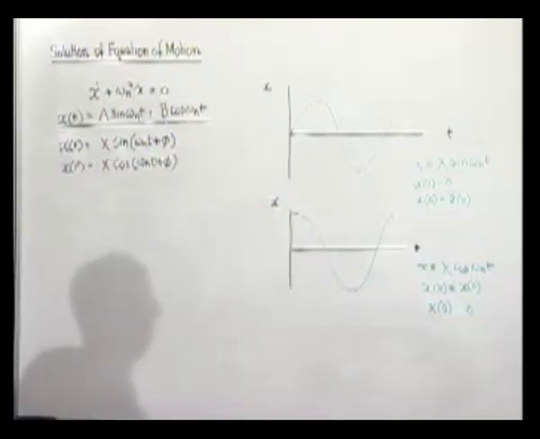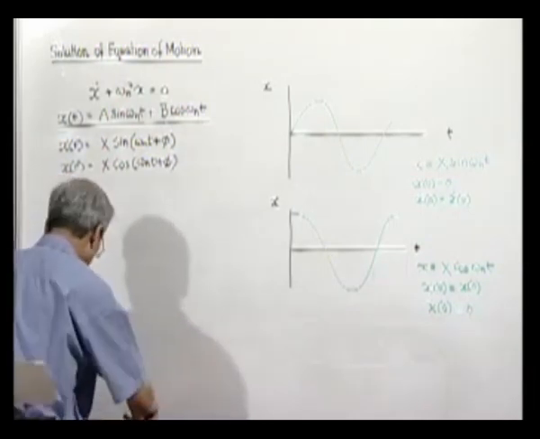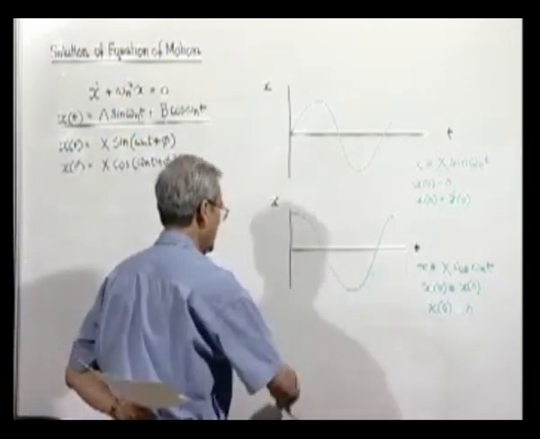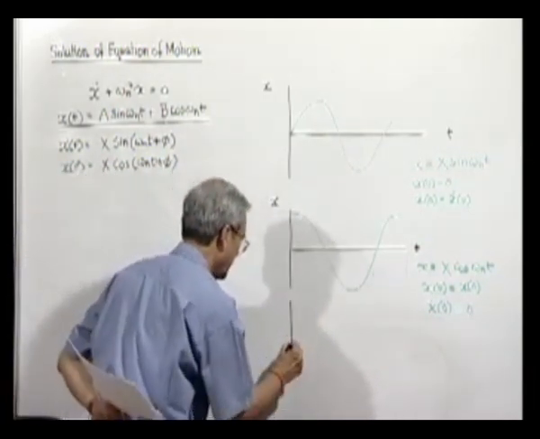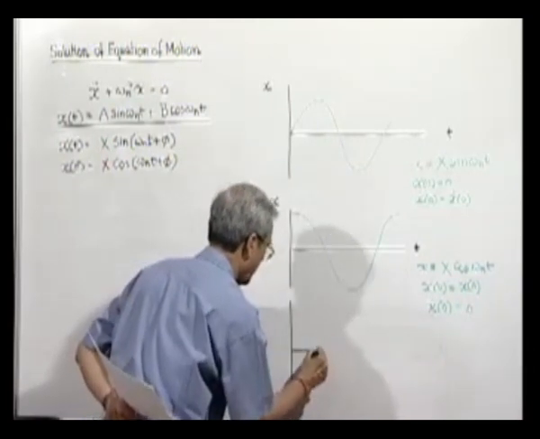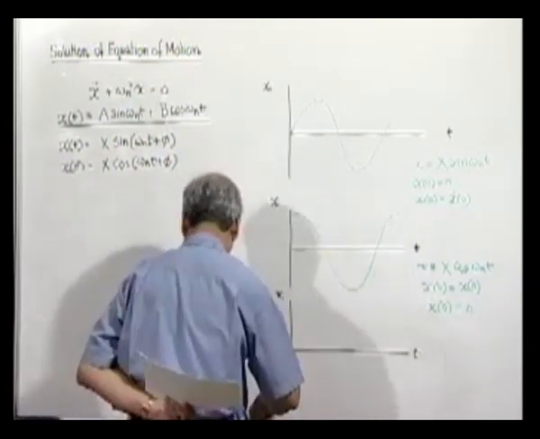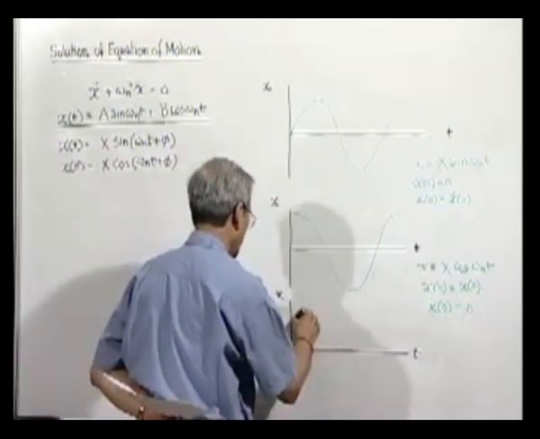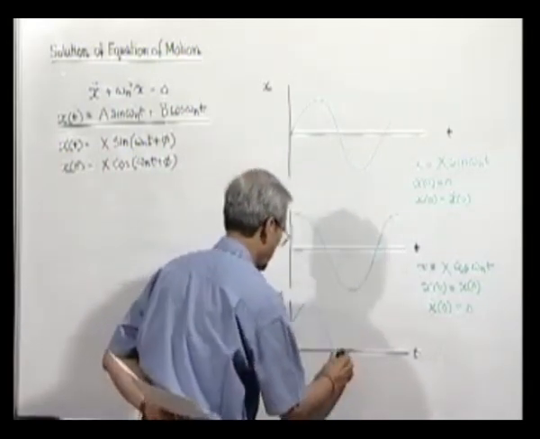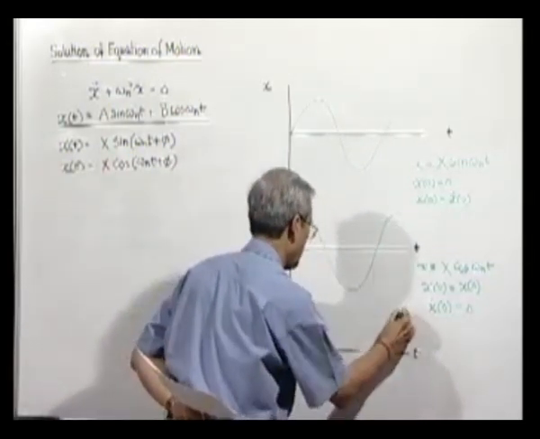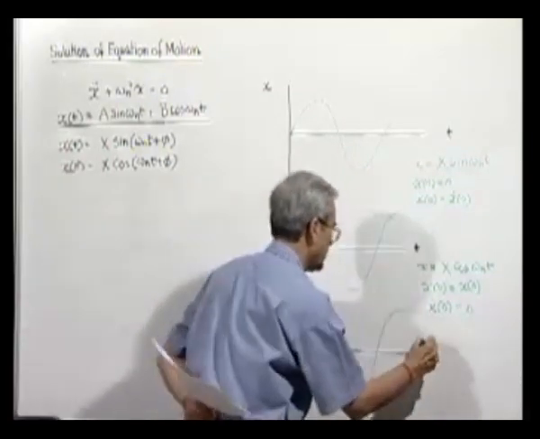Then we get a cosine function, and if both are present, that means initially we have given some displacement and velocity both, this is the case.